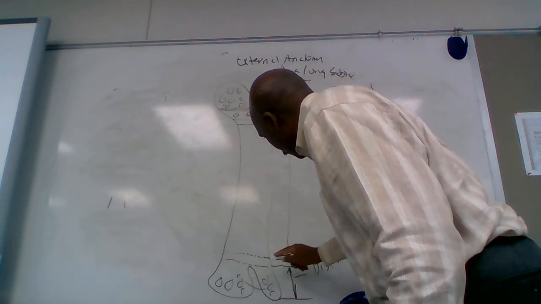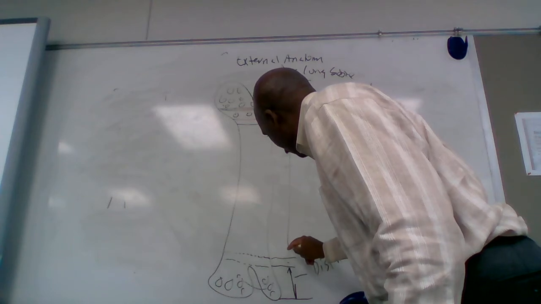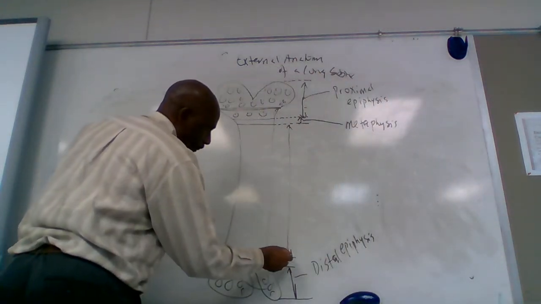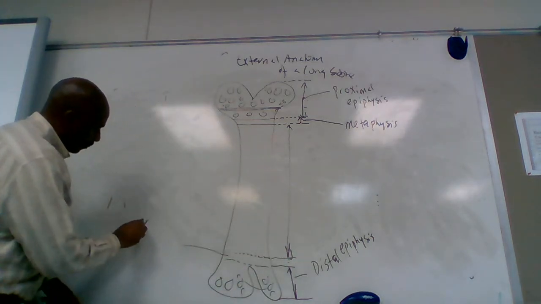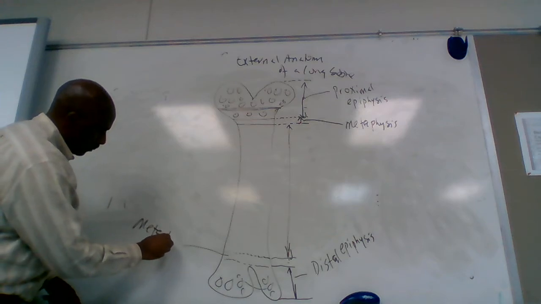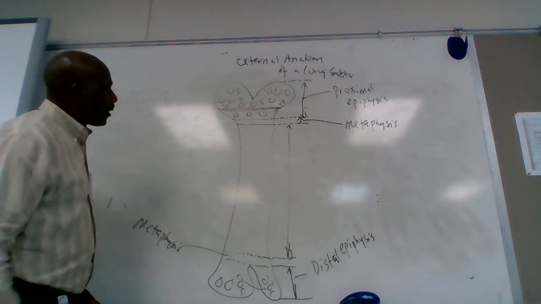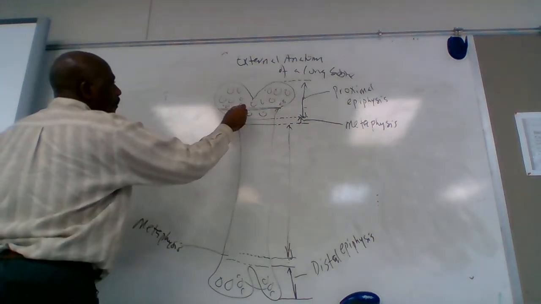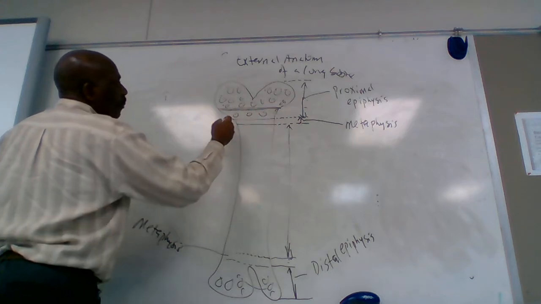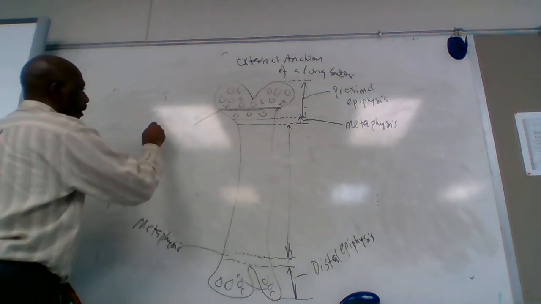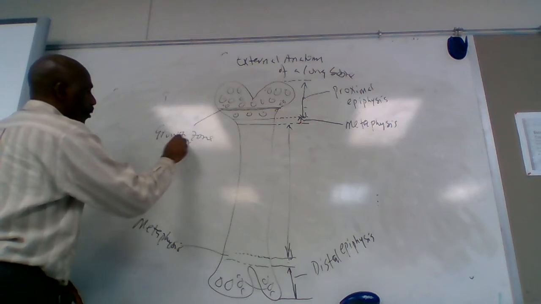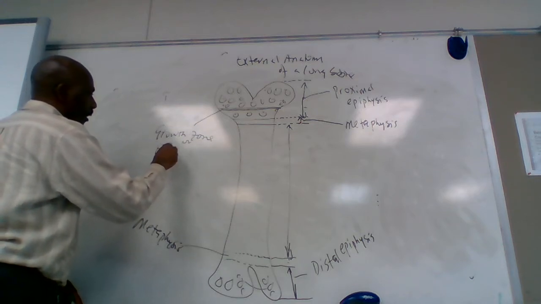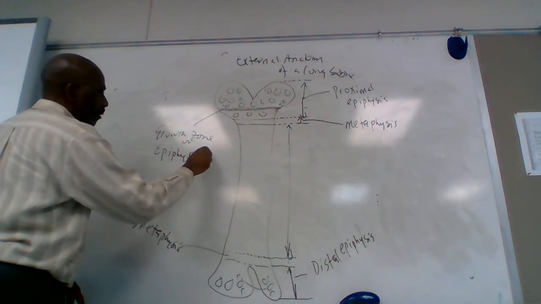We have another metaphysis down here. So this is another metaphysis over here. And this portion right here, which is inside the proximal physis, is called the growth zone or the epiphyseal plate.